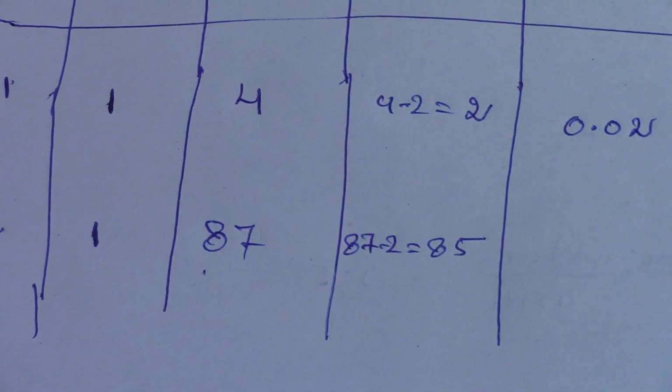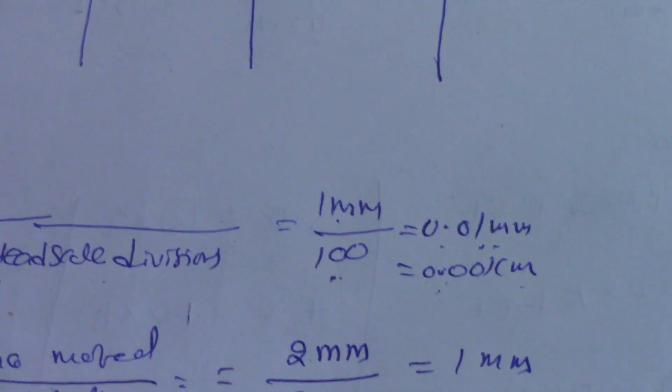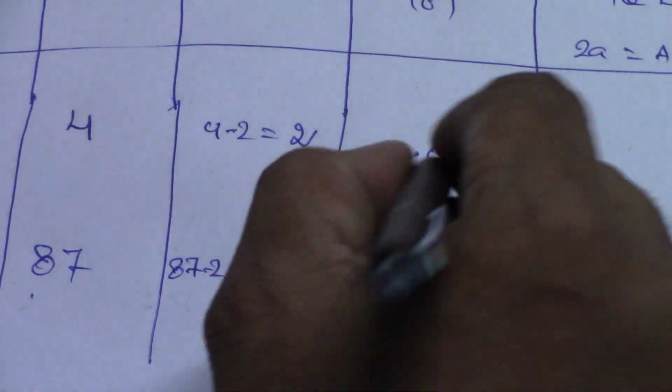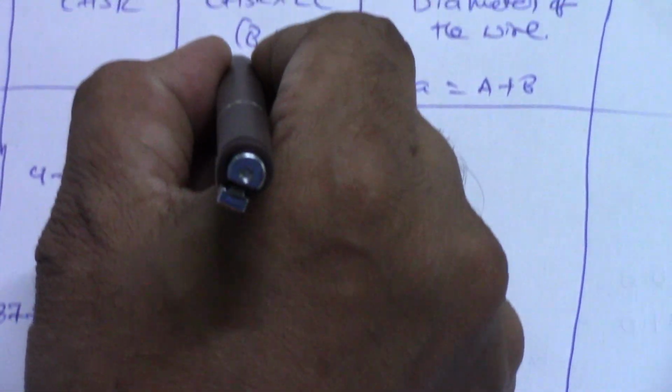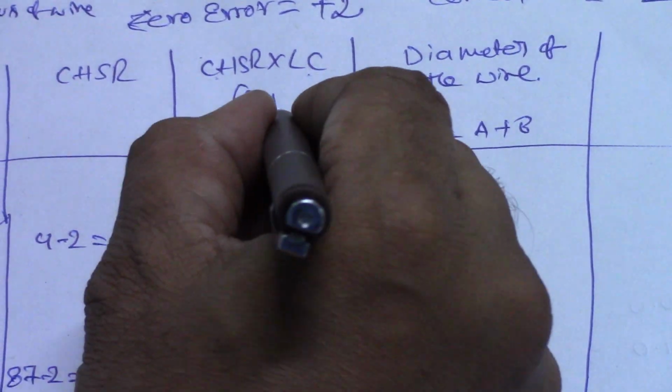Similarly, 85 into the least count 0.01 gives you 0.85.